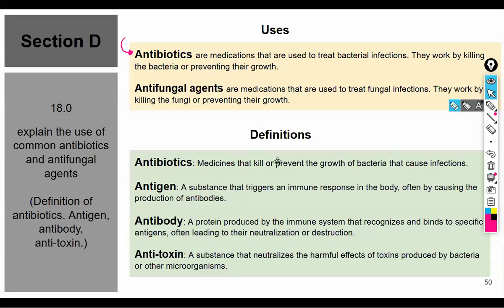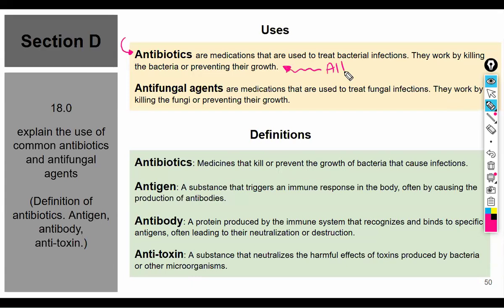I honestly used to think antibiotics killed a certain type of bacteria, but that's not true. Antibiotics go on a rampage. It doesn't care. It just kills all. Good and bad, you're gone.